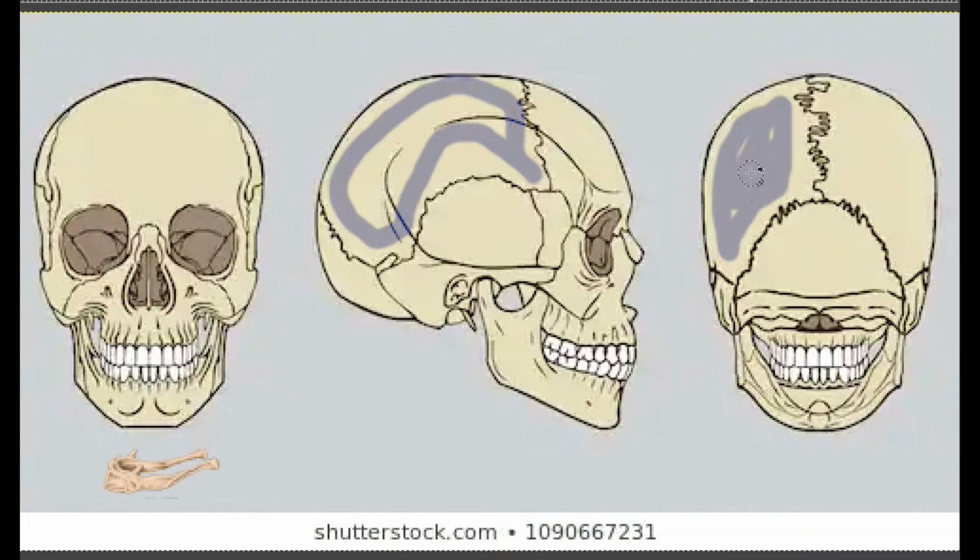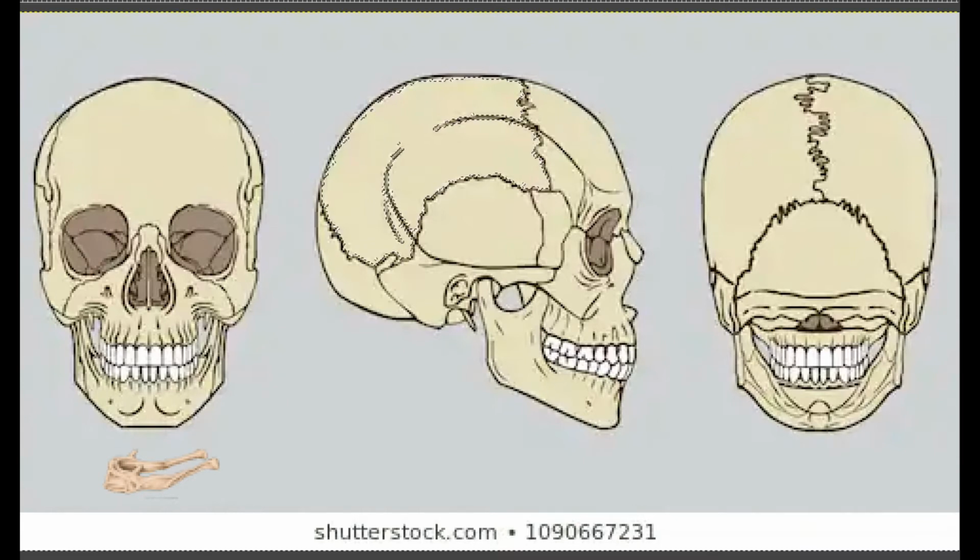So these are what we call the parietal bones. So this would be the parietal bones here. So the parietal being the tops and sides of the skull, the top and side plates of the skull.